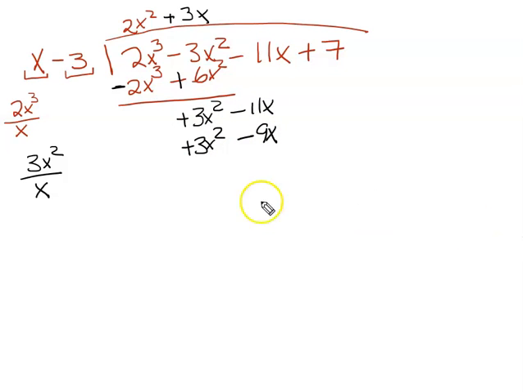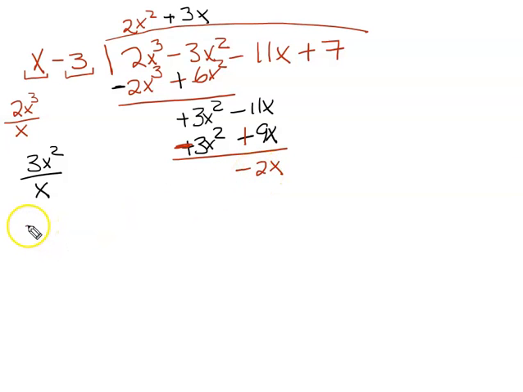Now again, we're going to draw the line. And what does that indicate? That we're going to subtract. How do we subtract in algebra? By changing the signs. So this will become negative, and this will become positive. This then is a 0 that we don't write. And then we add this up, and this is going to be a negative 2x.